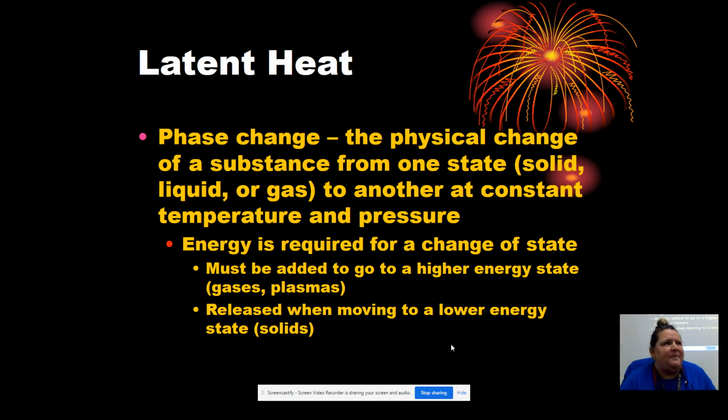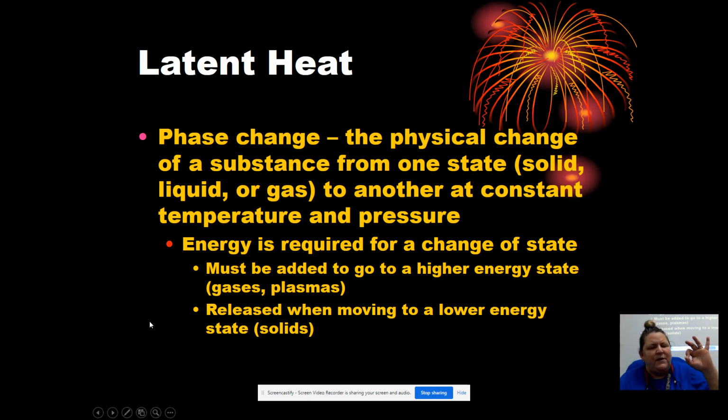Now, in your mind, imagine an ice cube. We're going to talk about the phase change of an ice cube. It's going from one phase to another: the solid, the liquid, the gas. The energy required to melt the ice cube into water, and then the water being heated up enough to turn into steam, is the phase change we're talking about.